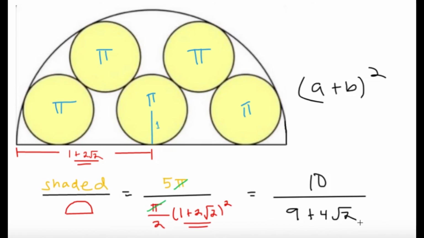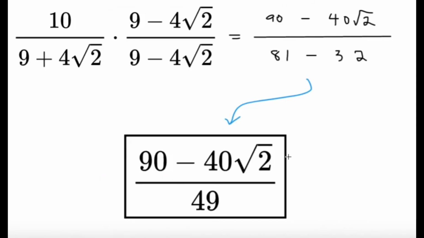Now we have a denominator with a radical, so we want to rationalize this. We multiply the numerator and the denominator by the conjugate of 9 plus 4 square root of 2. So we're going to multiply 9 minus 4 square root of 2 in the numerator and the denominator, and then simplify our result.